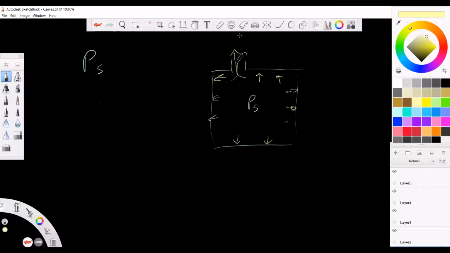Now, of course, in order to accelerate fluid in that direction, by Newton's third law, we put a force on the liquid or gas, the fluid, to force it in this direction. By Newton's third law, there is force on the container in the opposite direction. So the container is putting force on the fluid, and now the fluid must be putting force on the container.